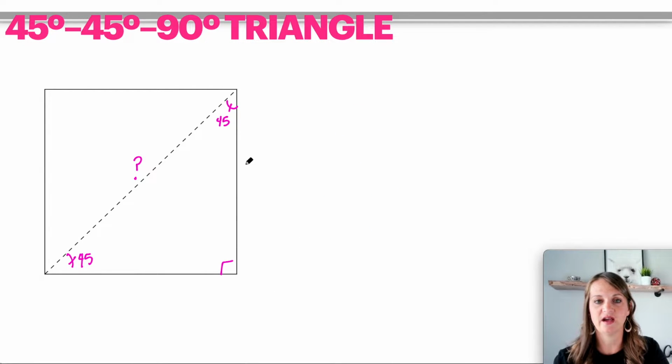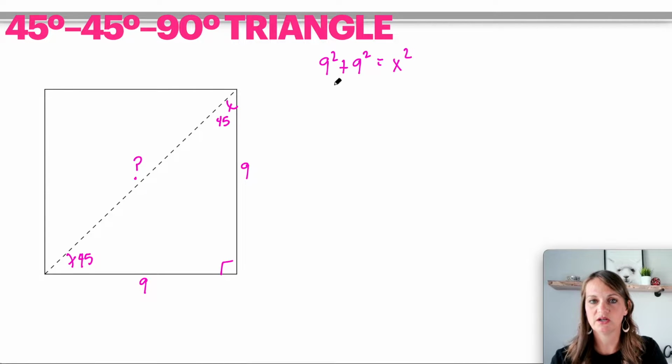Let's try 9. If that side's 9, that side's 9, and we're trying to find the diagonal. So therefore, we know that 9 squared plus 9 squared equals x squared. So we'll get 81 plus 81 equals x squared, which gives us 162.